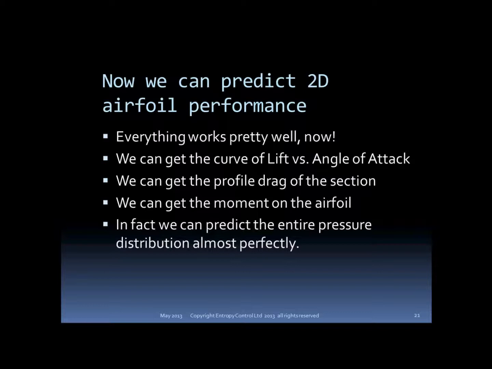When this solution is compared to real experimental data, it is well within engineering tolerances, both for lift and profile drag. The profile drag is obtained from calculating the loss of energy in the boundary layer.